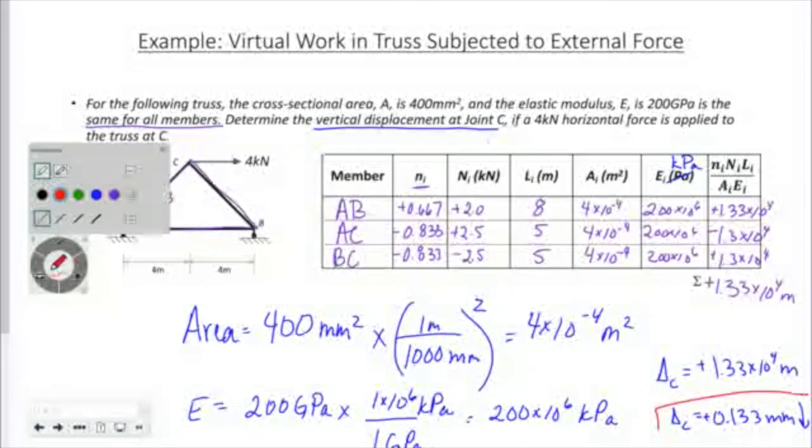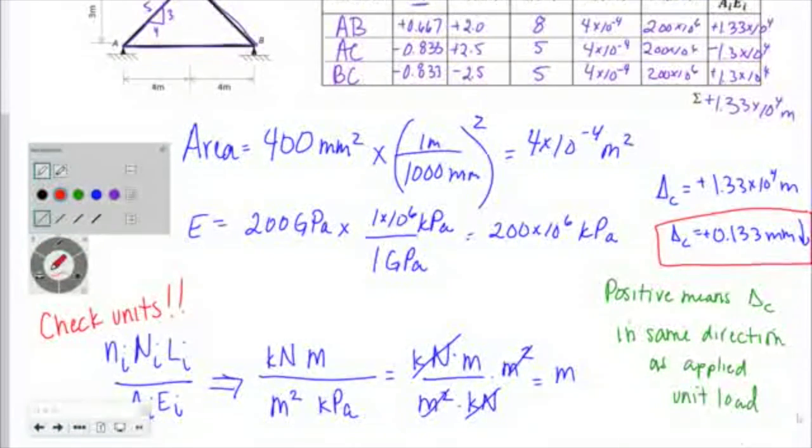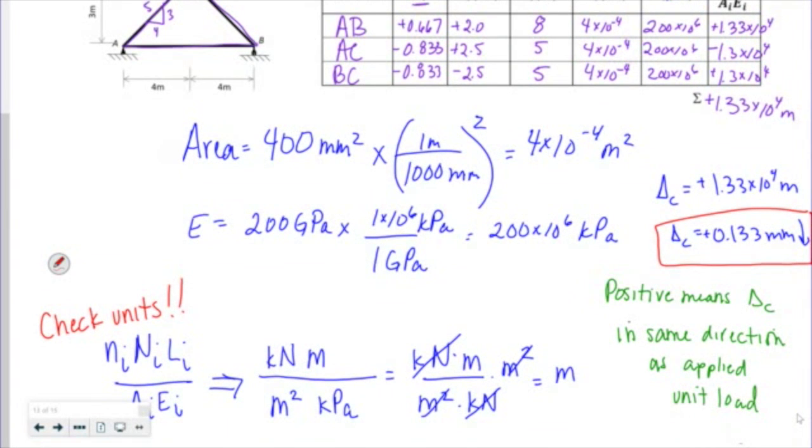And this is my answer right here. If that had come out negative, that would mean my displacement was in the opposite direction of my unit load that I applied, which would be up in this case, which doesn't really make sense, but that's what it would mean.